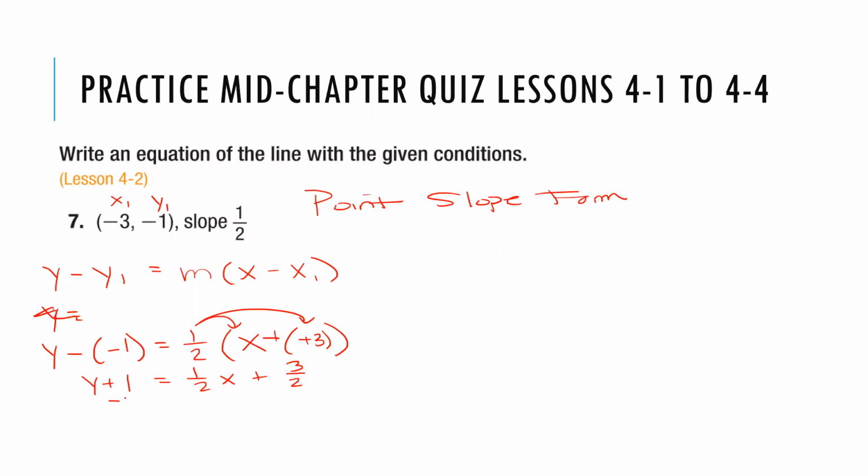And then we need to get y isolated, so we would subtract 1 from both sides, and we would get 1/2 x plus 3 over 2 minus 1, which is equal to 1/2. Okay, so y is equal to 1/2 x plus 1/2. Okay, and that is your equation.